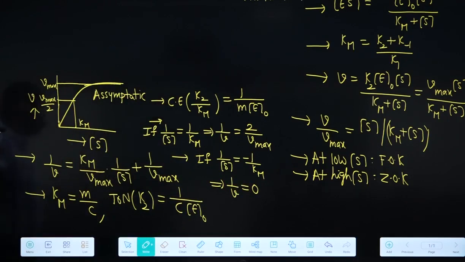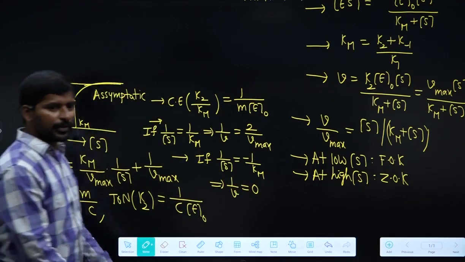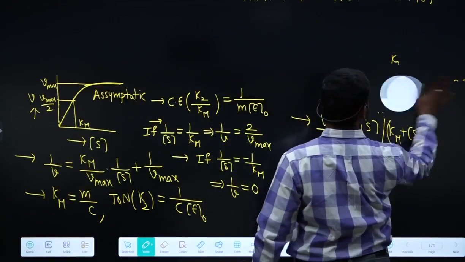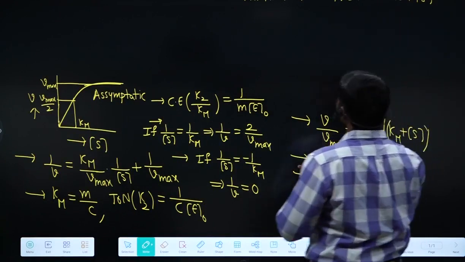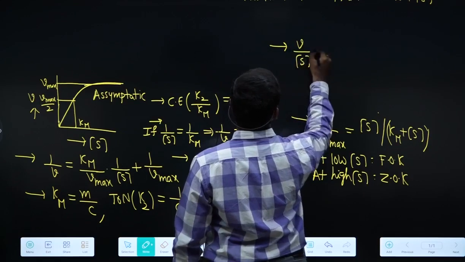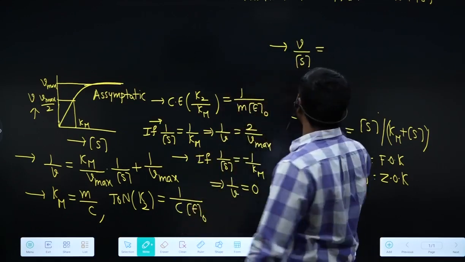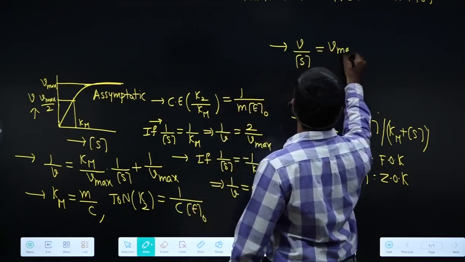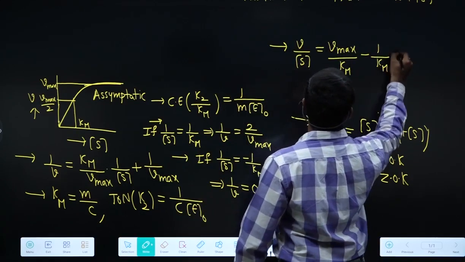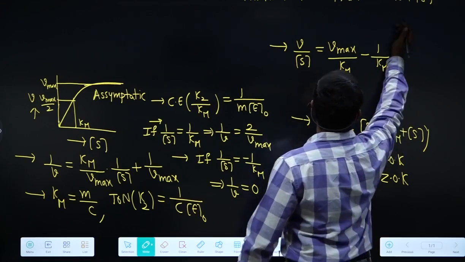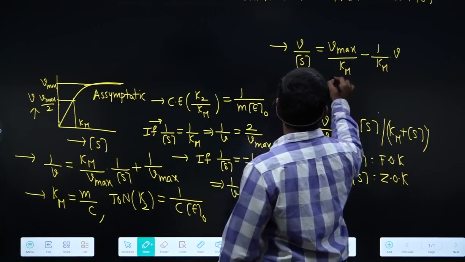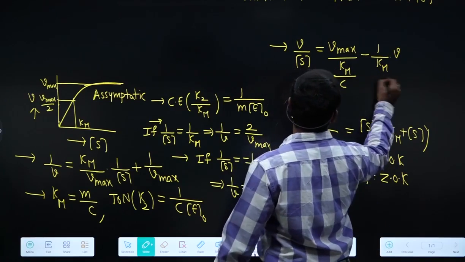So these are some conclusions from the Lineweaver-Burk plot. And finally, the Eadie-Hofstee plot, V by S versus V. What is the equation we got? V by S is equal to V max by Km minus 1 by Km into V. Okay, so this is intercept, this is slope.